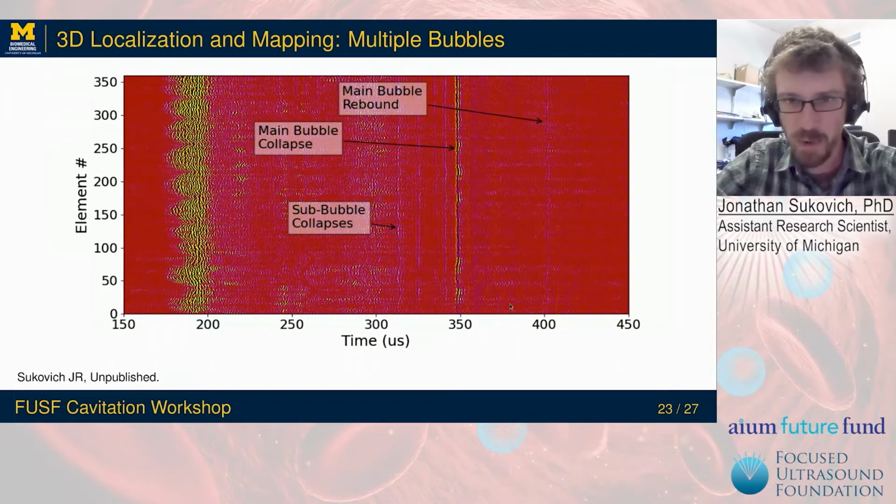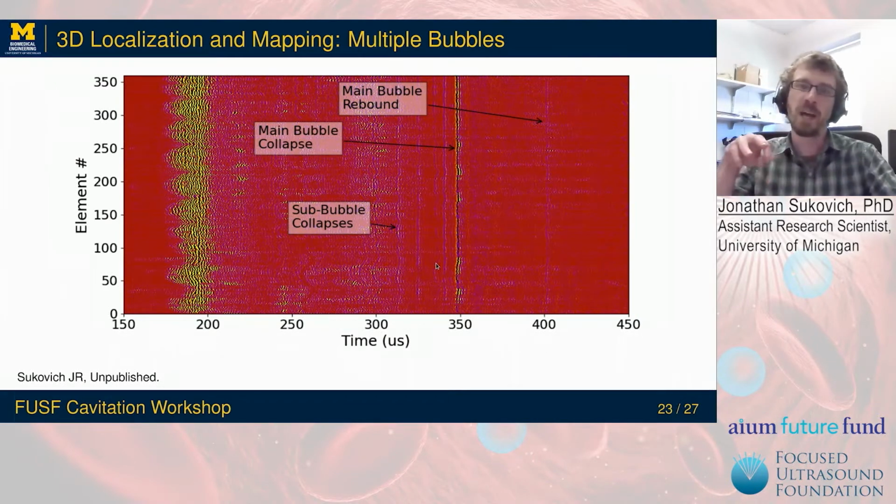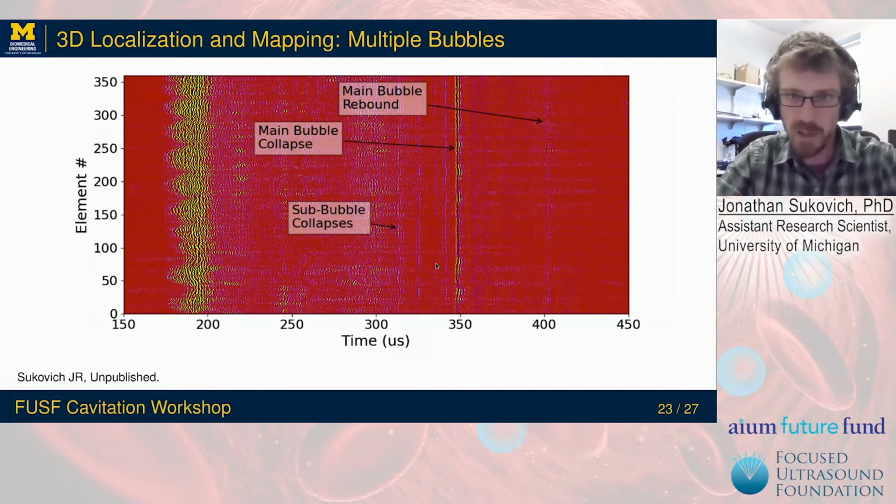This is an example showing the received signal from every array element. This is the main bubble collapse event and its associated rebound signal. And these stripes of signals out here are from these re-excited and recollapsing bubbles. And you can clearly differentiate them from the background.